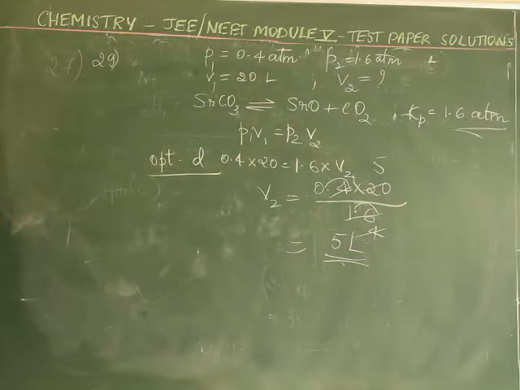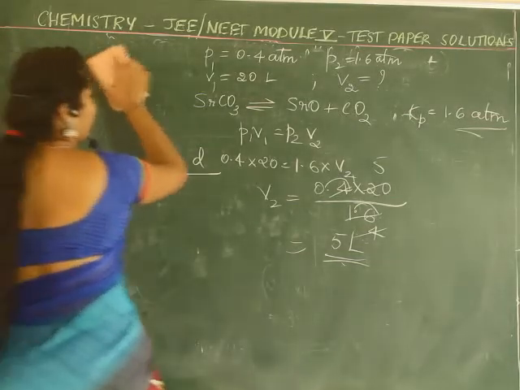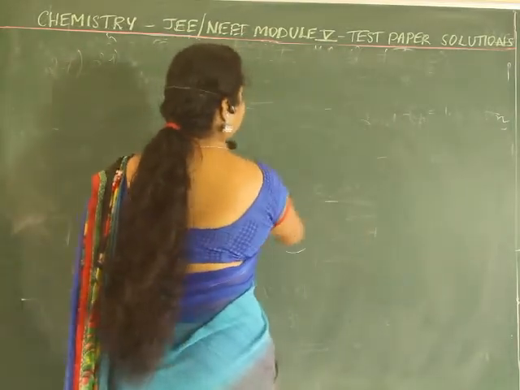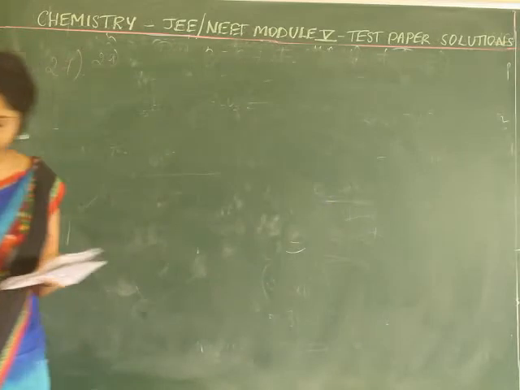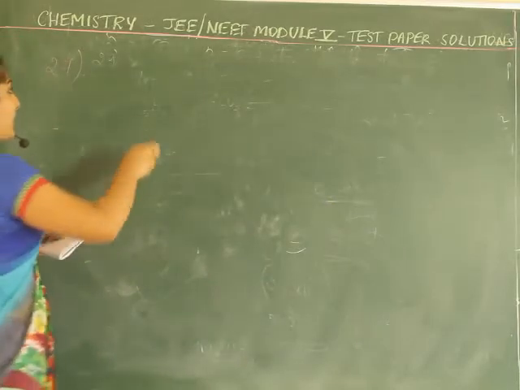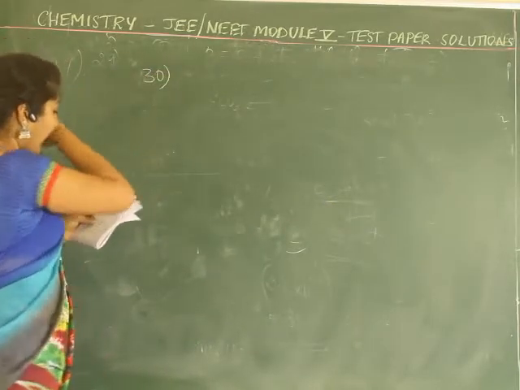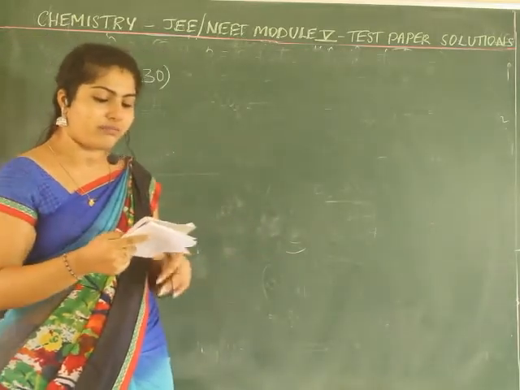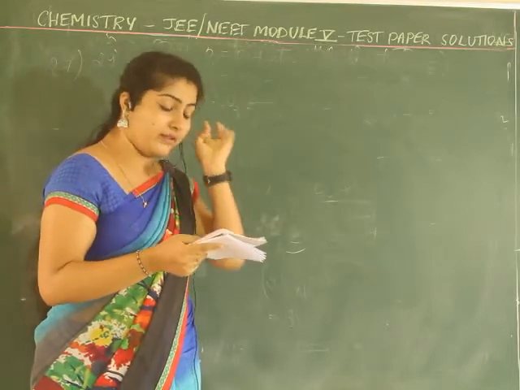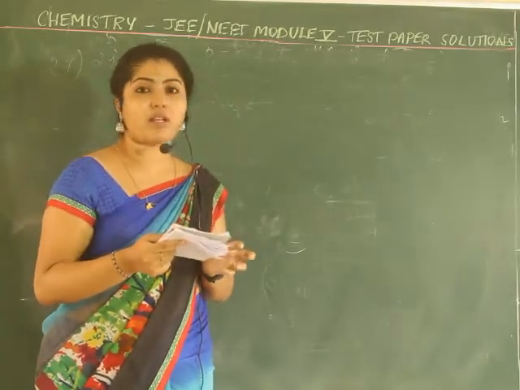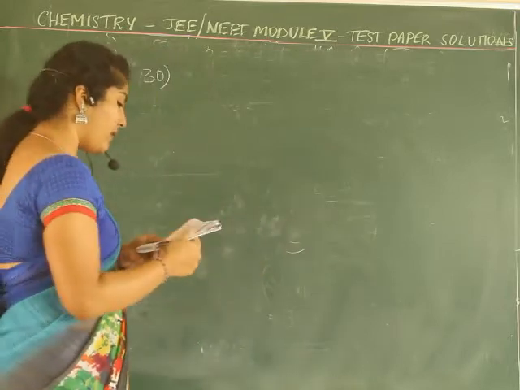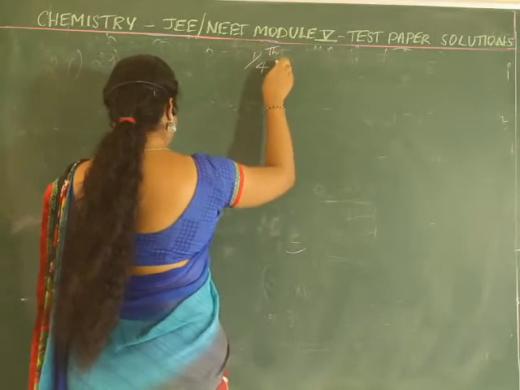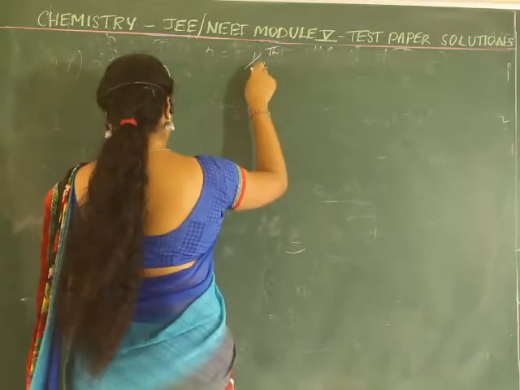Moving to the last question, 30. For a reversible reaction, if the concentrations of the reactants are doubled, what happens to the equilibrium constant?